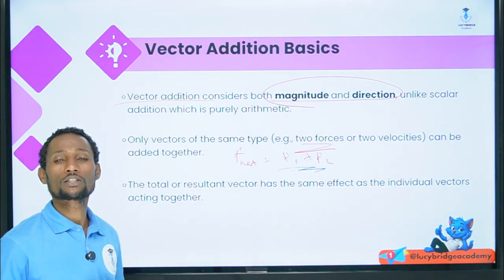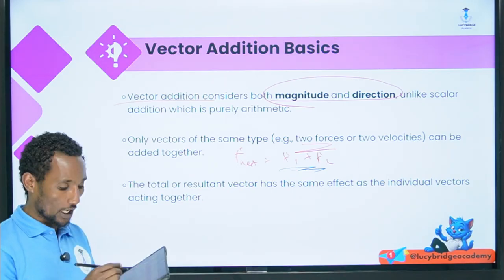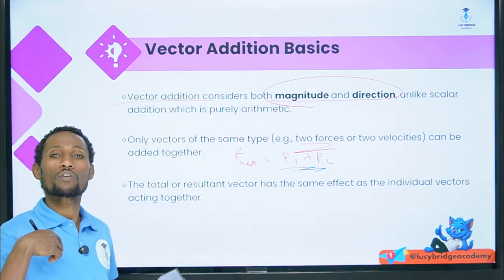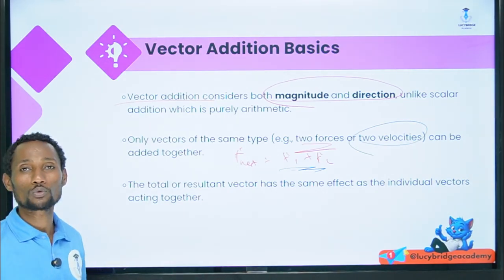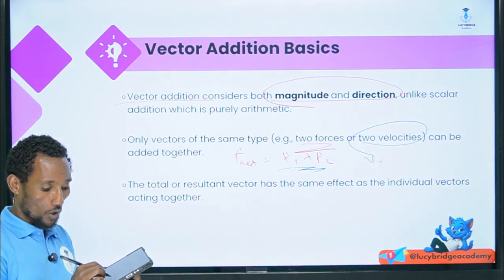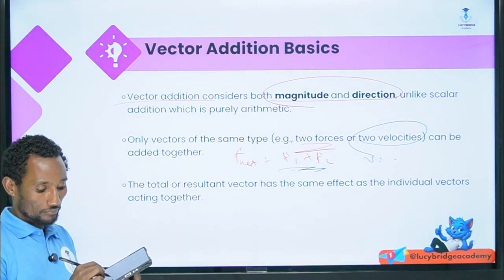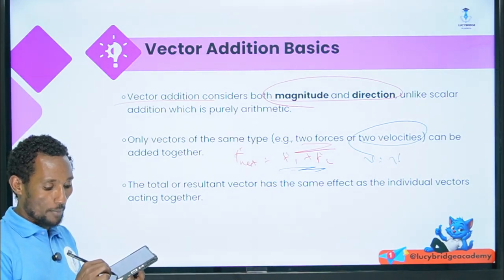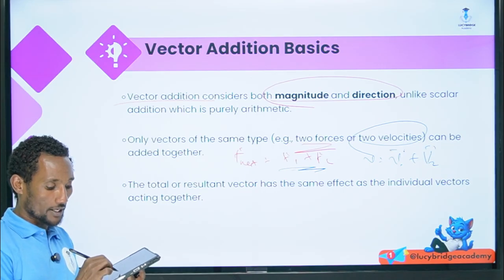Here, the vector sum must be of two forces. And also the vector sum of two velocities, like the net velocity, which equals v1 plus v2, having its direction.